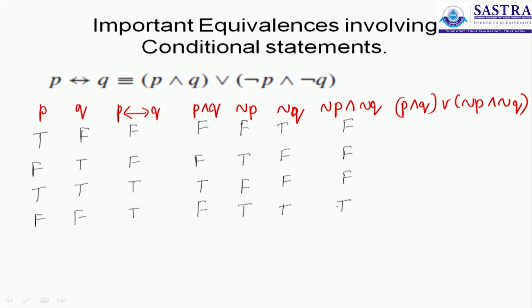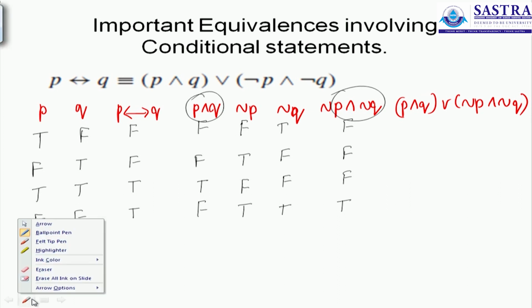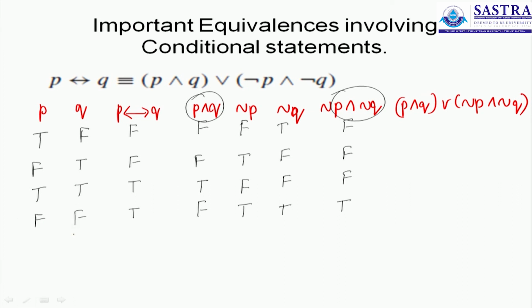and then you will do a conjunction between columns 4 and 7. So it's a conjunction, so only one of them is true. Where do we stand? It's a disjunction between columns 4 and 7, I am sorry.